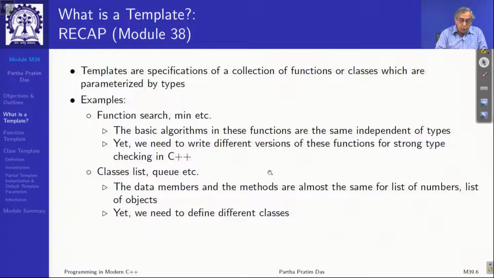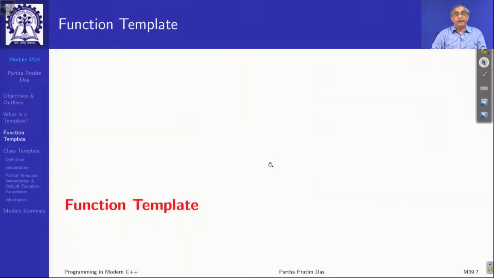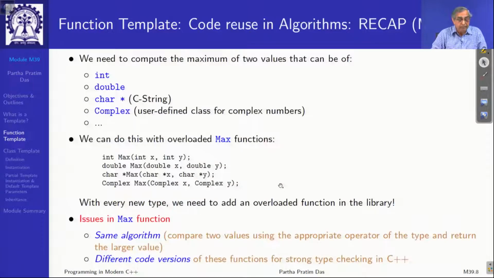To work around that, we have seen in the last module that we can have, say, a function template. To compute the greater of two given values, that is the maximum, we need to deal with integer type values, double type values, string type values, which in C is represented as char star, or maybe user defined type values like complex.